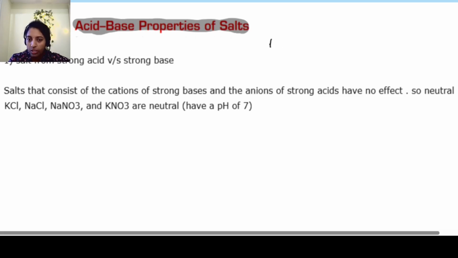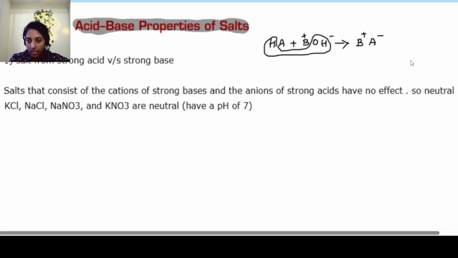Why? Because see, HA, you can consider a common acid, reacting with a common base like BOH, just an acid base reaction. See what happened? This H and this OH will combine to give water, so that we can get B positive and A negative.